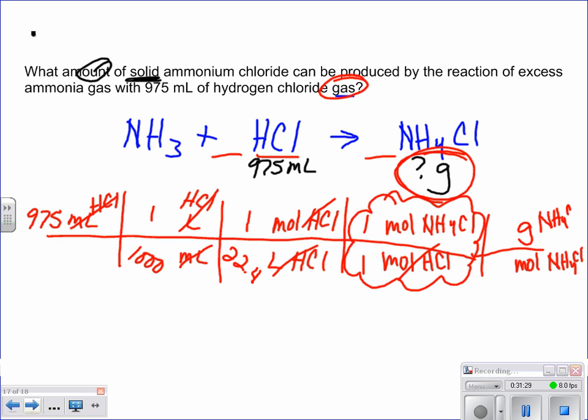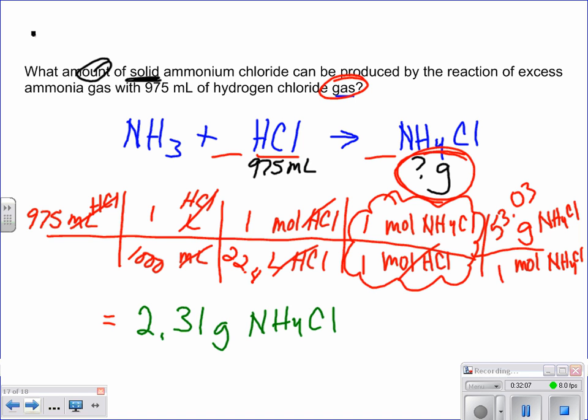So you add it up, and you get 53.03 grams of ammonium chloride to every 1 mole. And to 3 significant figures, 2 point what? 3 what? 1? I think that's right. 2.31 grams of ammonium chloride.